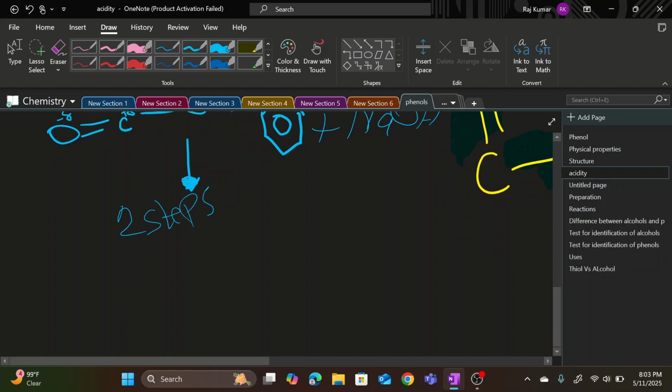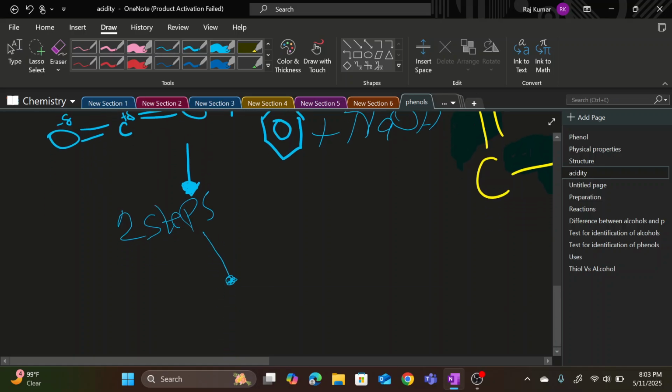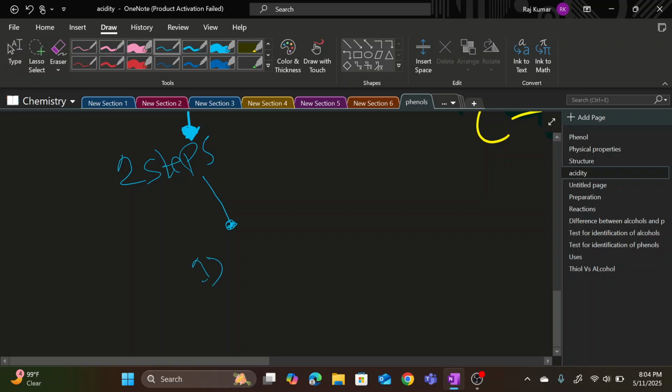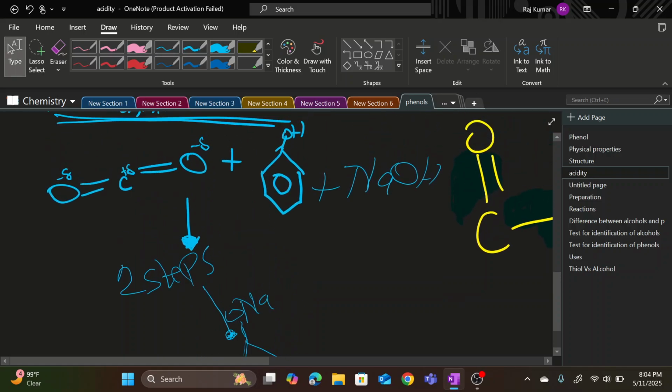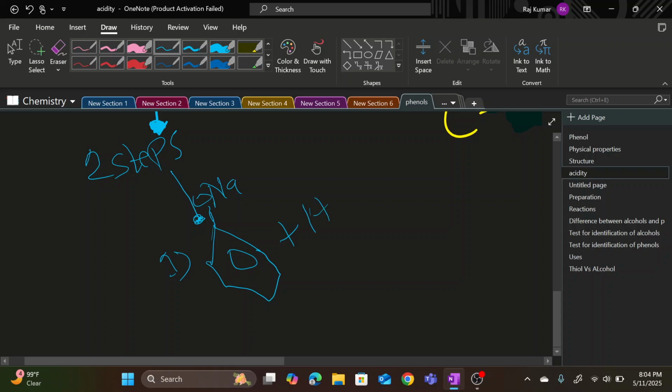In the first step, there is a formation of sodium phenoxide. When the sodium hydroxide reacts with the phenol, it produces sodium phenoxide and water.